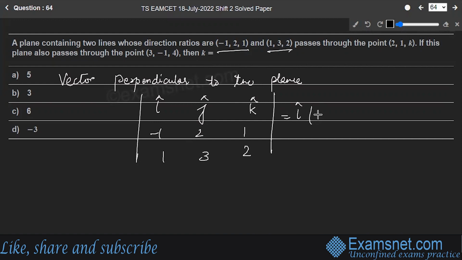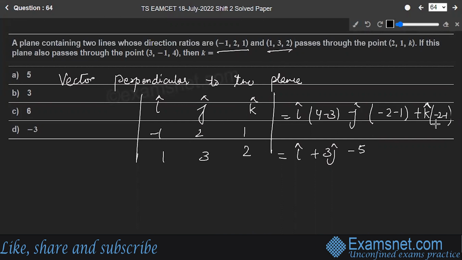This is going to give me (4 minus 3)i minus j times (2 minus 1) plus k times (minus 2 minus 1), which is i minus 3j minus 5k.